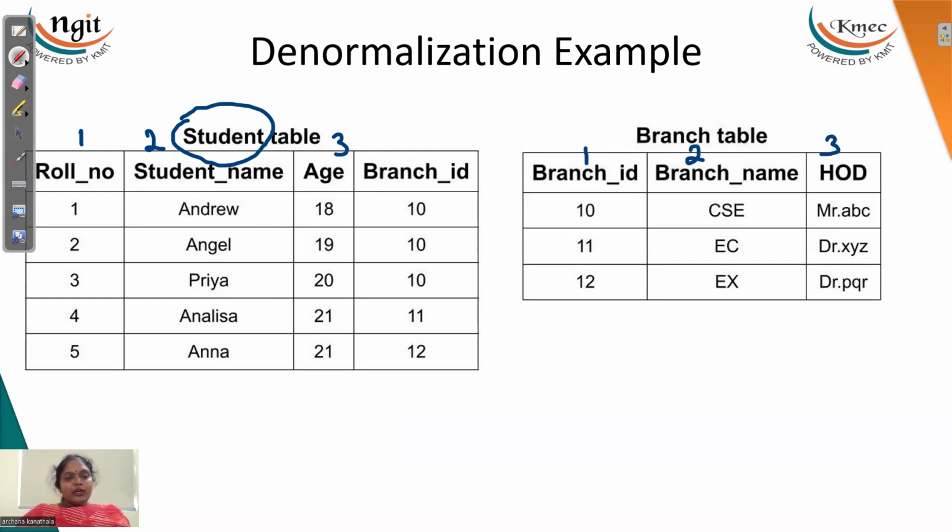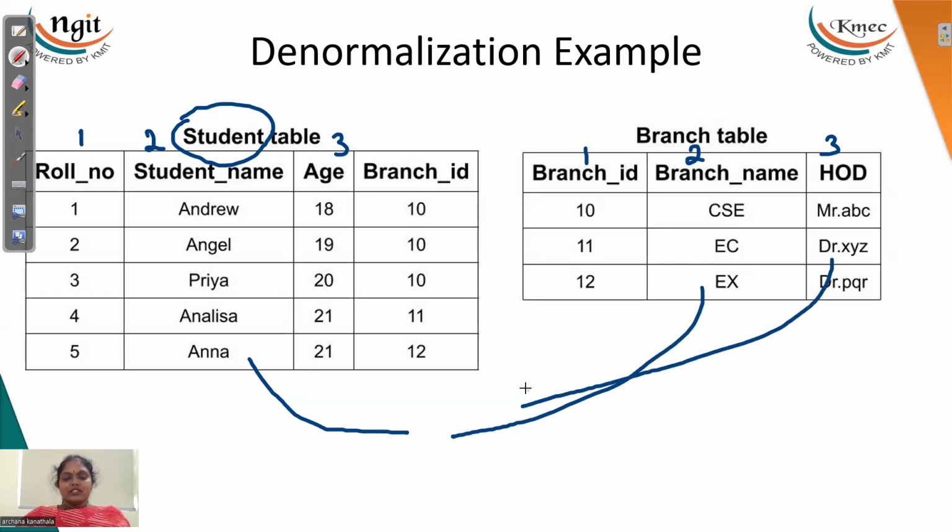Now, suppose a user requests a query to list all the student names belonging to various branches along with the heads of the department. To process this query, I need to collect the student name, then branch name and then the head of the department. So I need to maintain connectivity between these two tables. To maintain the connectivity, we store the branch ID into the student table.